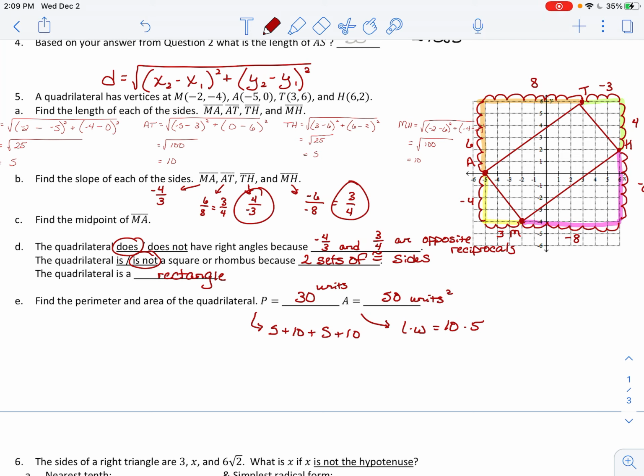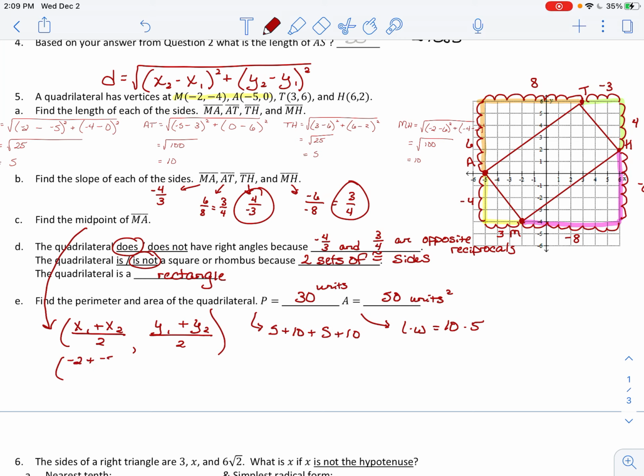I did skip part C mostly because I don't really have space for it, so I'm just going to throw it down here. For the midpoint formula, it's very much like what you had to do in problem 1 where you average, but you're going to have to group your x's for your first average and then group your y's for your second average. Which means for MA, I need to go find what numbers are my x's and y's for these. And I see negative 2 and negative 5 are my x's.